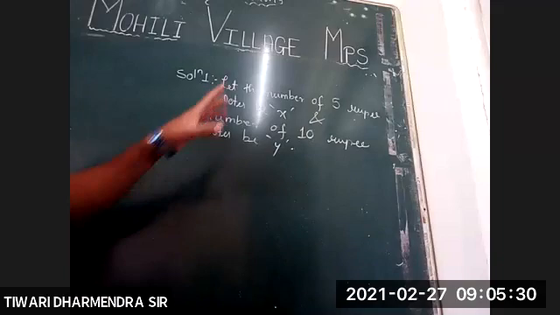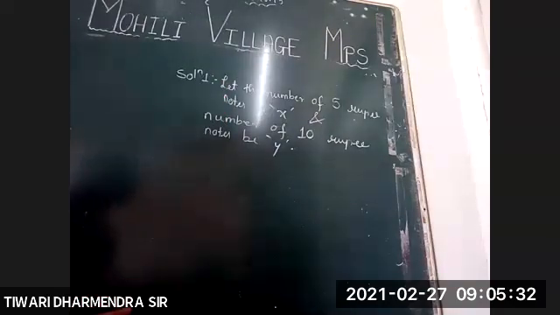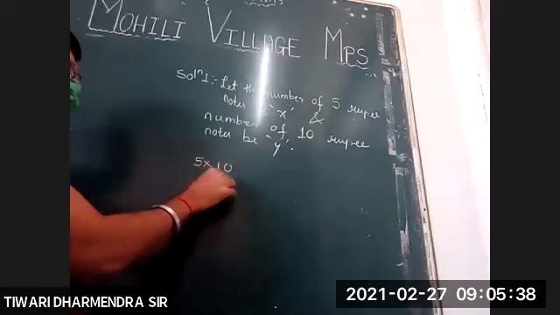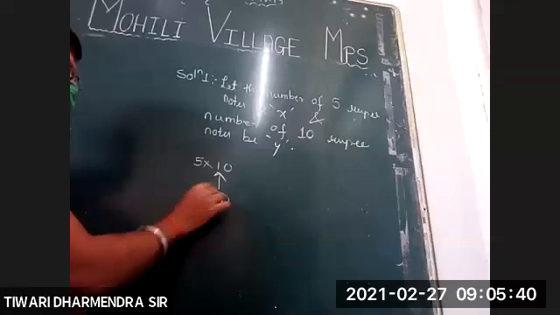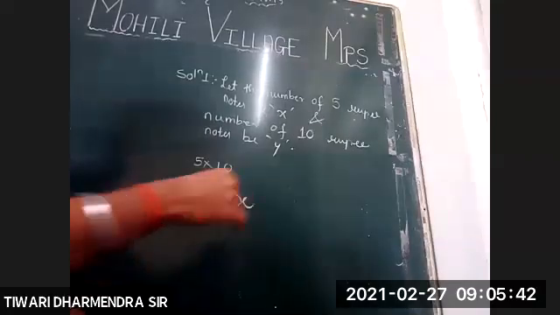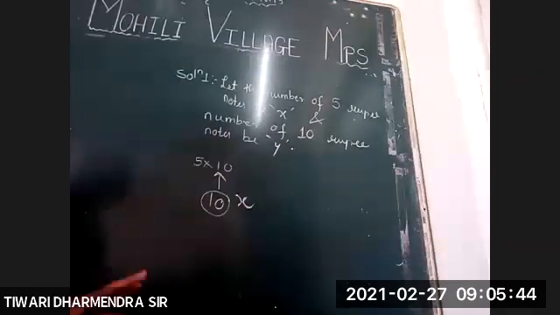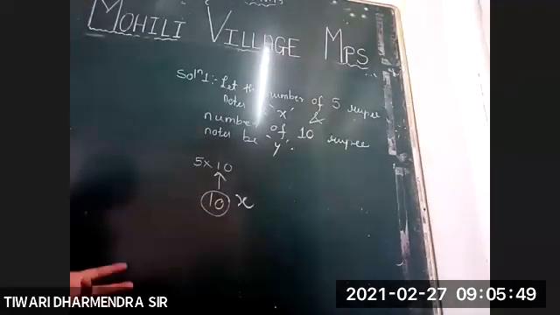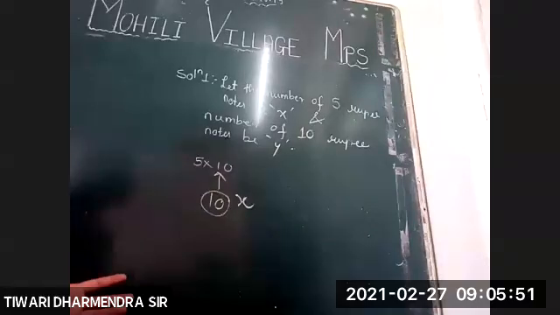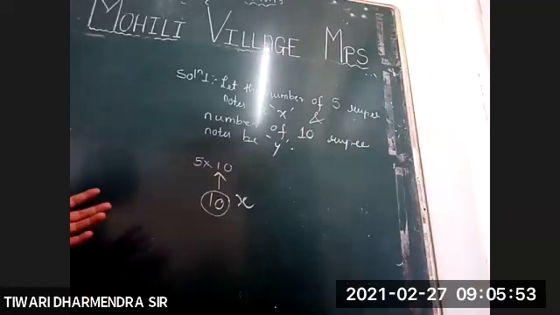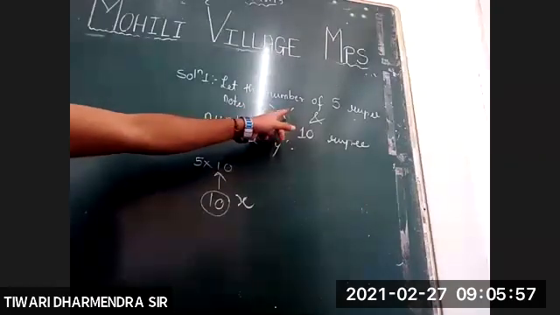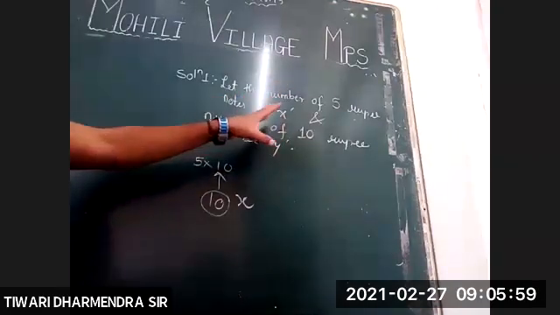So if total amount of 5 rupee notes is 50, how many notes are there? 5 into 10 means number of 5 rupee notes is 10. This is your x. Try to understand this. Whenever we are having the amount, we have to take it as a multiple.